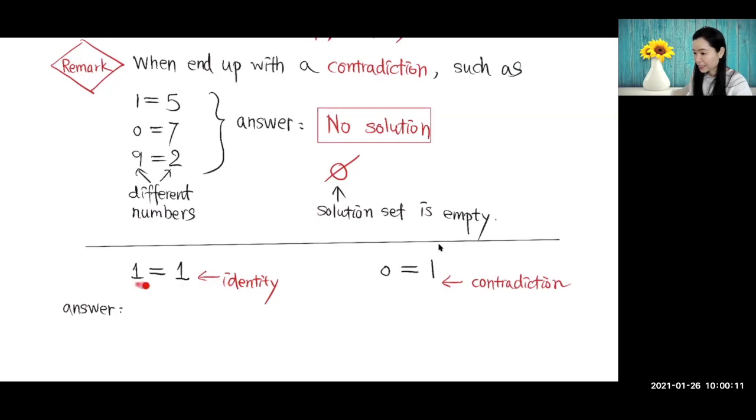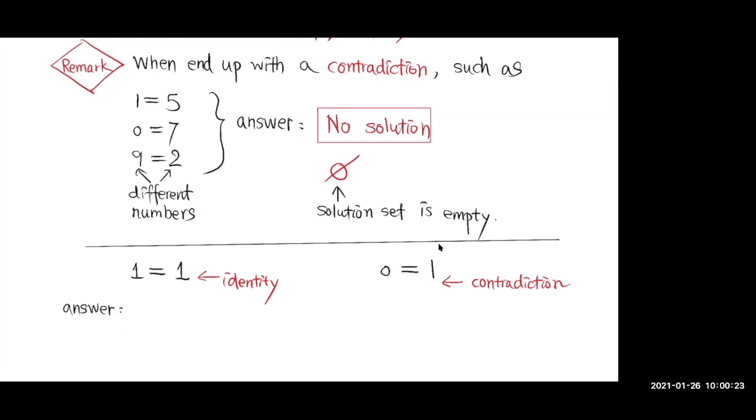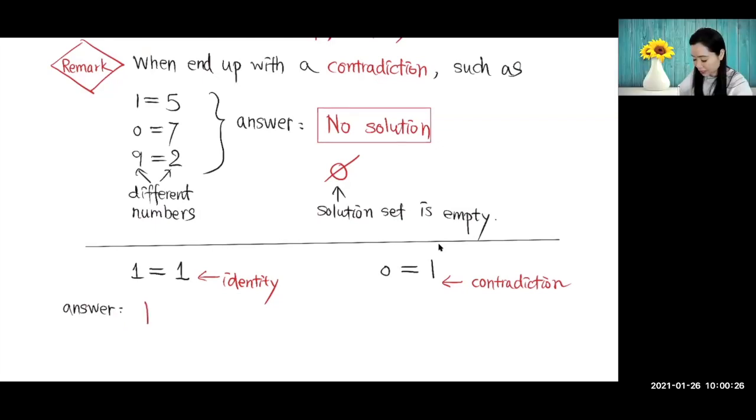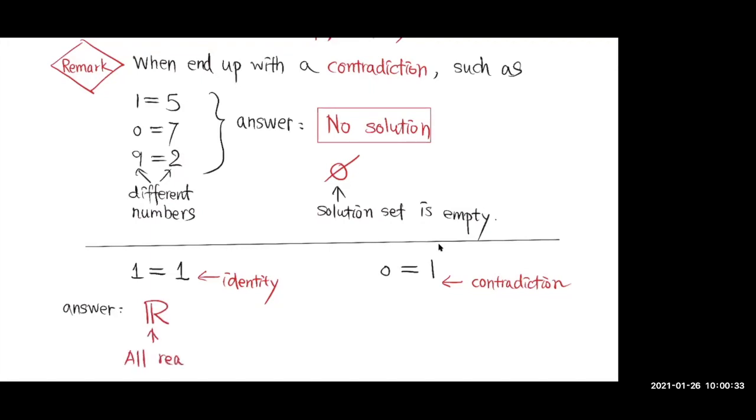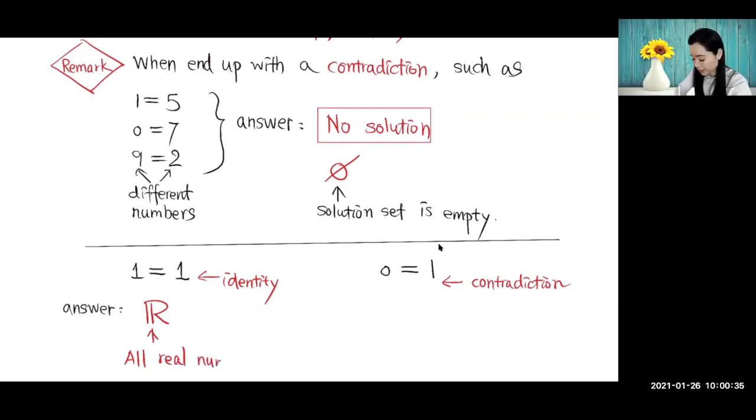Now for an identity, what's the answer for an identity equation? Do you remember? All real numbers. Yes, very good. So you put down this symbol with a double bar, and this is the set notation for all real numbers.